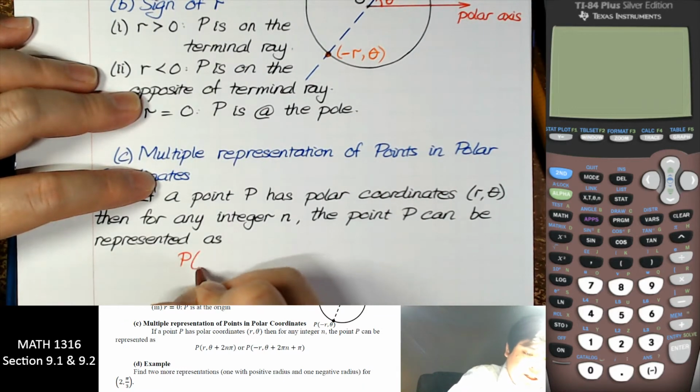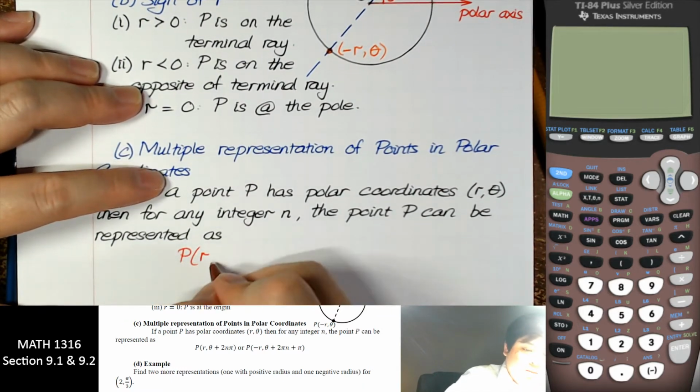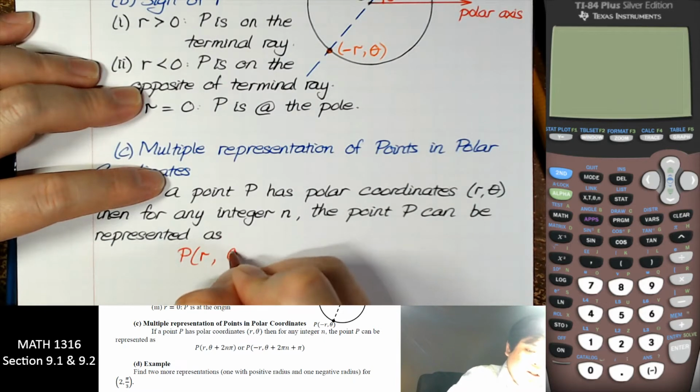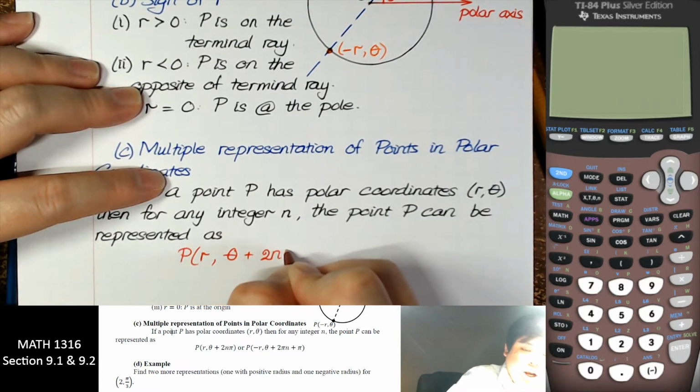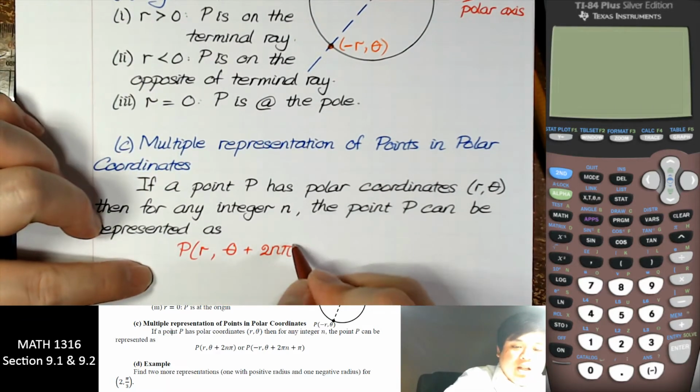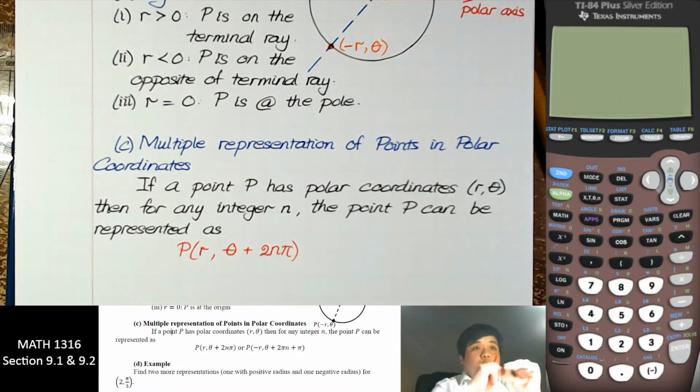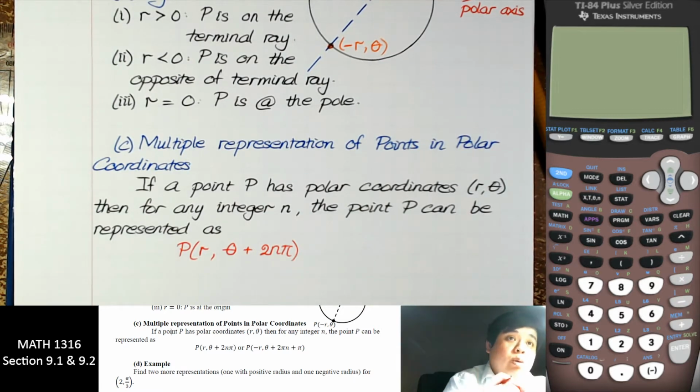First, we have the radius the same, but for the angle we can use coterminal angles, which add 2n times pi. This gives us coterminal angles, and coterminal angles have the same terminal ray, therefore the point will be the same.